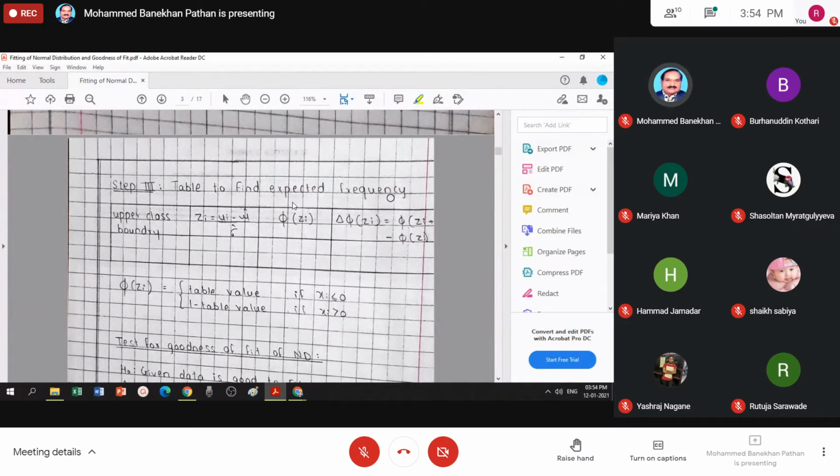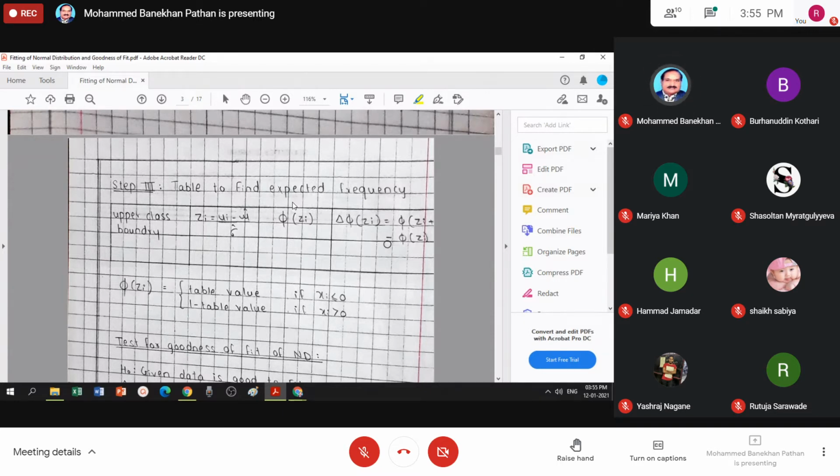Step number 3, table to find expected frequency. Once you calculate mu and sigma square, you can go ahead and develop expected frequencies. Column number 1, upper class boundaries. We define a variable z_i equal to (u_i minus mu cap) upon sigma cap. U_i is the upper class boundary; mu cap and sigma cap you get from step number 2.